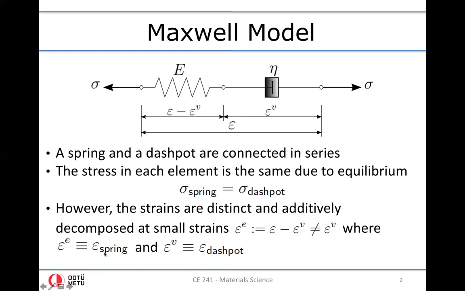Sometimes we denote it by epsilon spring, and the viscous strain, epsilon V, is the strain in the dashpot, sometimes denoted by epsilon dashpot. So these are basically the main features. Stresses in the spring and the dashpot are the same, while the strains are distinct and additively decomposed. When you add them, what you obtain is the total strain epsilon.